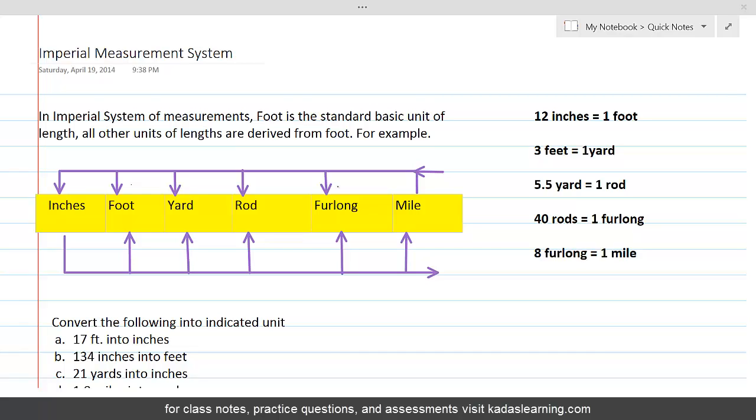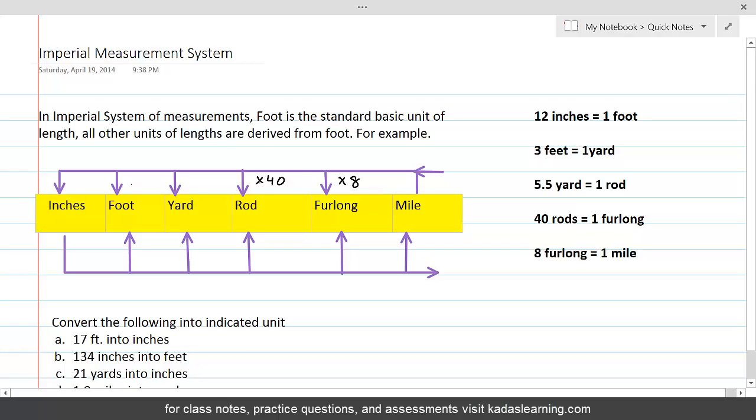If we want to convert from a bigger unit to a smaller unit, we will always multiply. For example, if we want to convert 1 mile into furlongs, we will simply multiply by 8. And if we want to convert furlongs into rods, we will multiply by 40.